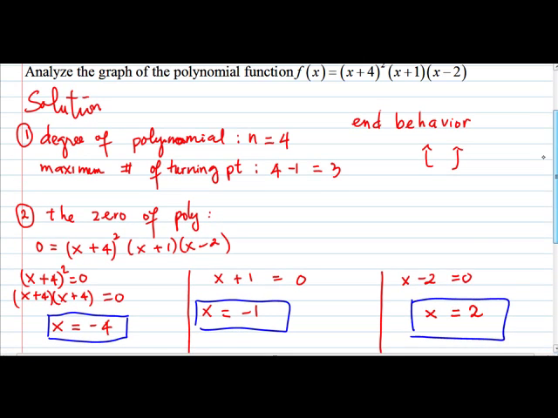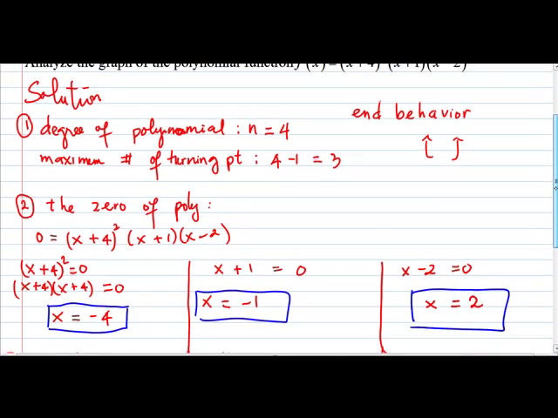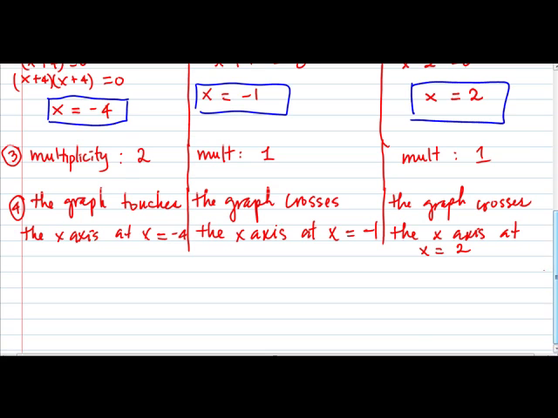Now, if we want to graph this here, it's pretty easy. Okay, it's always good if you want to know the y-intercept, because we know the x-intercept. So let's say I want to find the y-intercept, at x equal to 0.